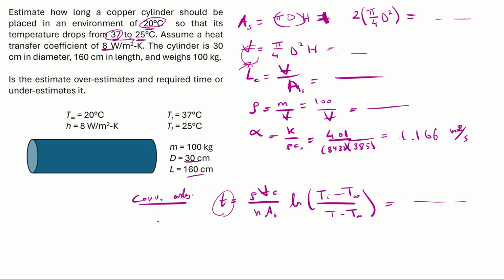If the lumped capacitance method is not to be used, then you'll have to see the center temperature. You have to know exactly where the 25 degrees Celsius applies, at the center or at the surface.